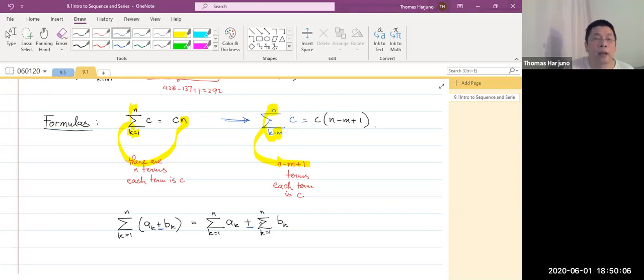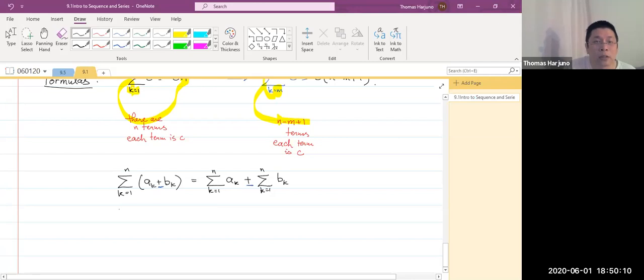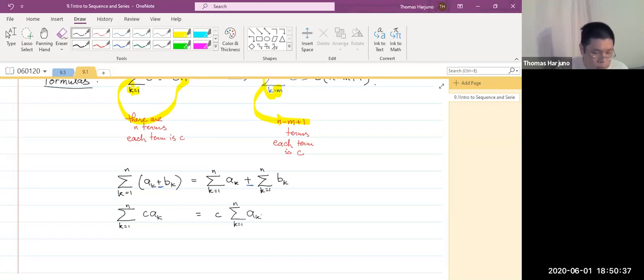Okay, and then the summation for a constant multiple of a sequence will be equal to c times that series, the summation. Okay.